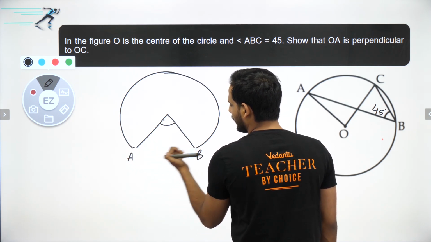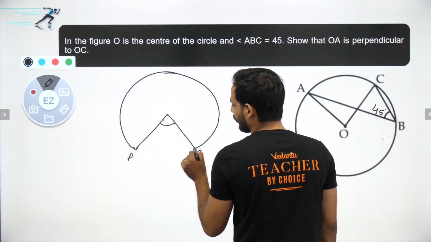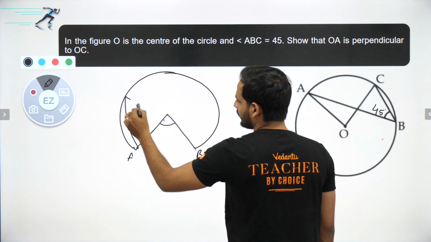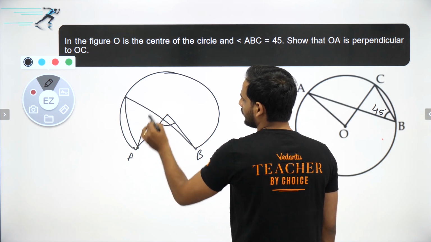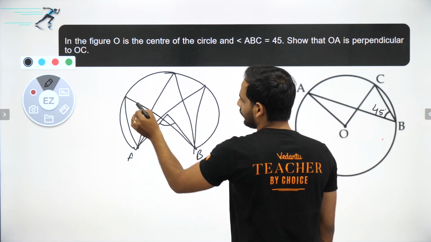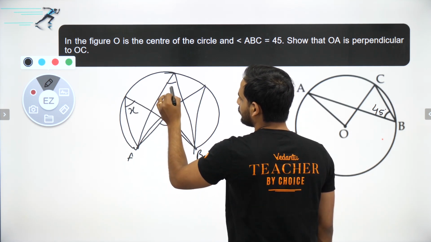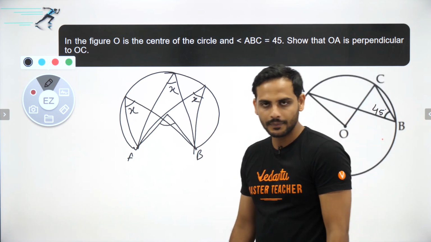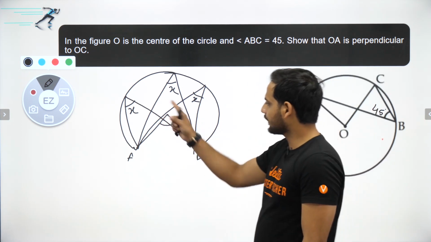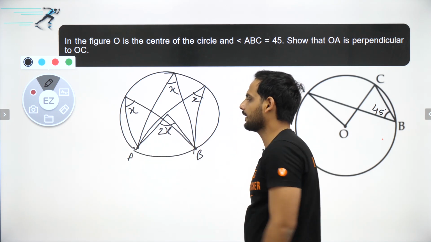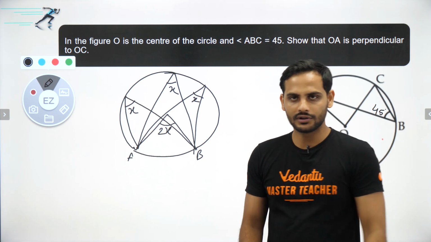Whatever points are left on the circle, any point, if you join it here, or here, or here, all these angles, let us say, are equal to x. Why? Because you know angles in the same segment are equal. So if all these angles are equal to x, the angle at the center will be double of the angles at the circumference. This is what the theorem says.